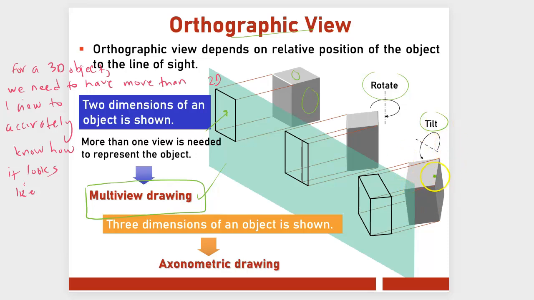Now, if the object is tilted and we draw the orthographic view of this, we can actually get a 3D view. This is called axonometric drawing.